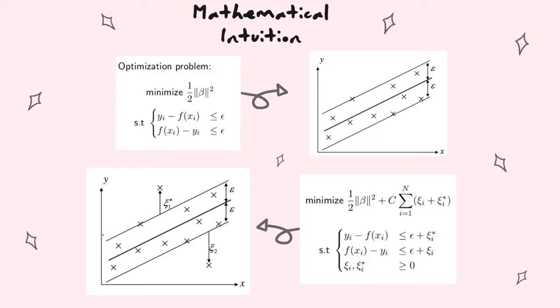Our target is to find a function f(x) that has at most epsilon deviation from target yi for all training data and at the same time is as flat as possible. In other words, we do not care about errors as long as they are less than epsilon, but we will not accept any deviation larger than this.